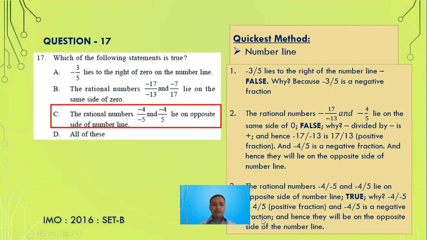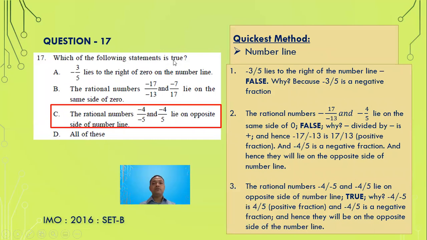Okay, next one. Which of the following statements is true? -3/5 lies to the right of 0 on the number line. False, because -3/5 is a negative fraction, so it will lie to the left. Rational numbers -17 upon -13 and -4 upon 5 lie on the same side of 0. False. Why?